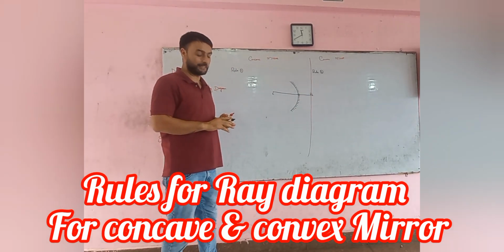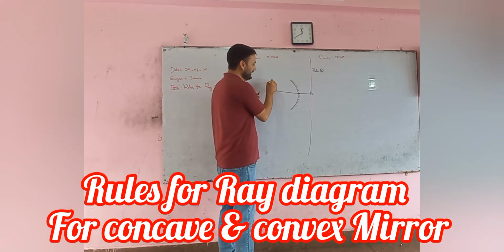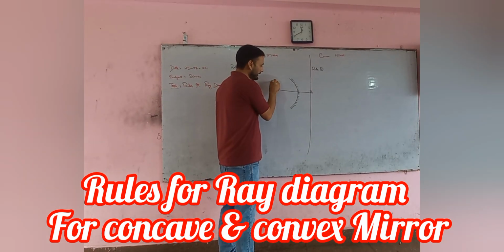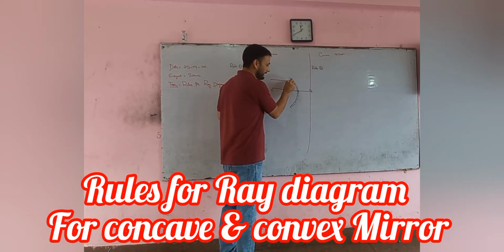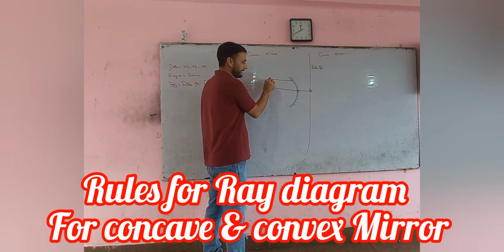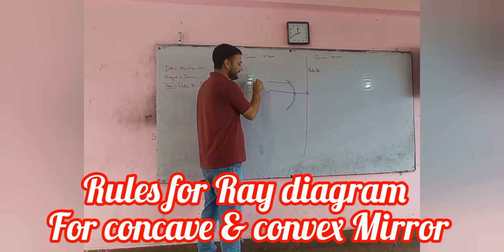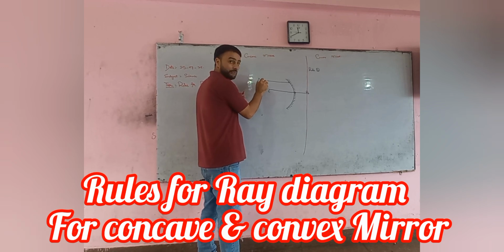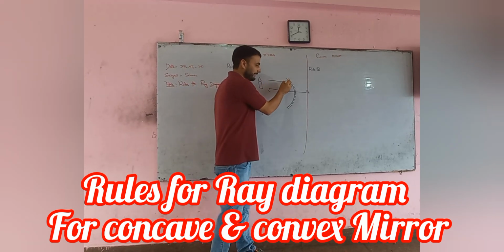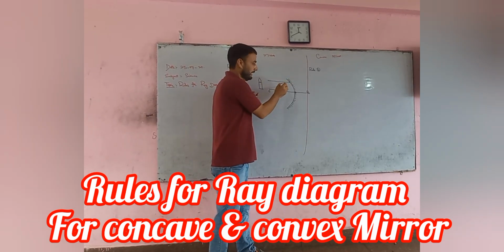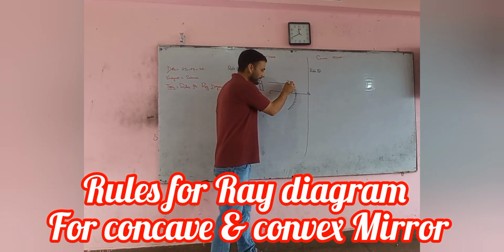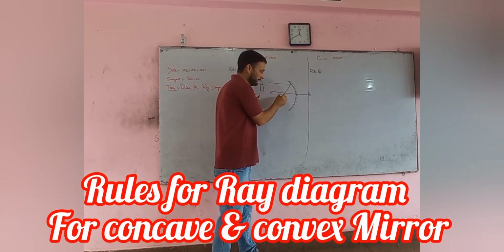Now rule number one is, if an incident ray is parallel to the principal axis, this ray, suppose there is an object, a candle, here, and the incident ray comes from this candle and is parallel to the principal axis. After reflection, it will pass through the principal focus.